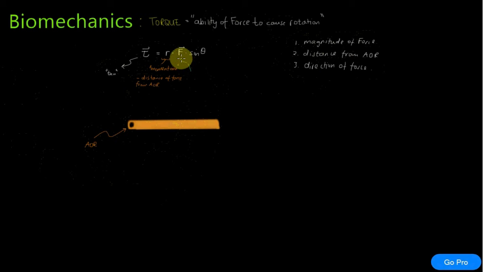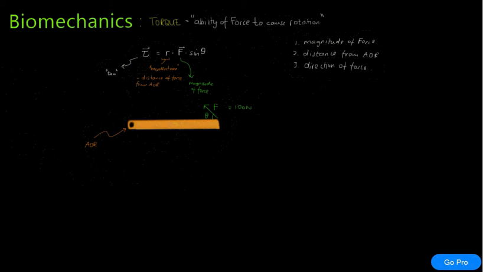F over here is the magnitude of the force itself, right? So say for example over here I have a force that I'm applying. This is my force and the magnitude of that force is going to be really important. So let's say for example that was 100 newtons. That will become important just now, and it's going to be acting at some angle theta, right?